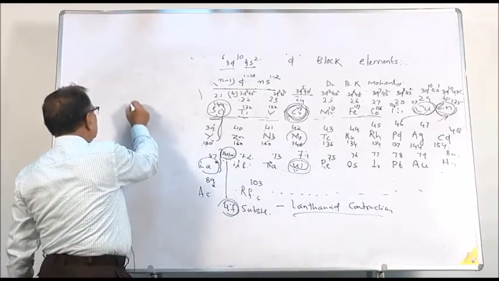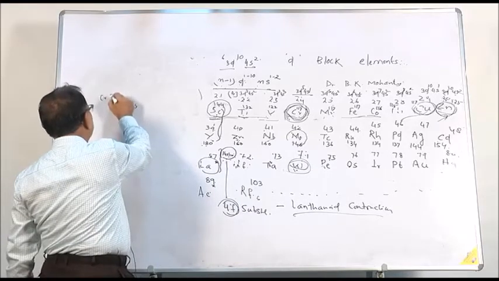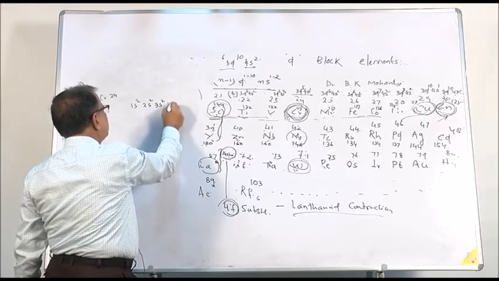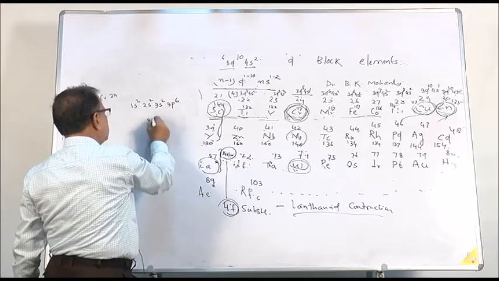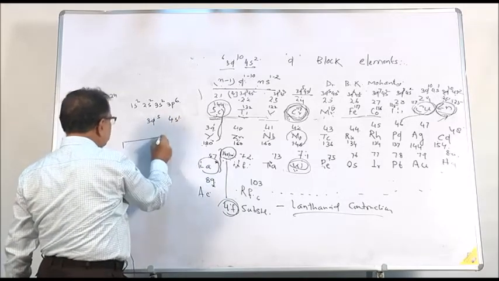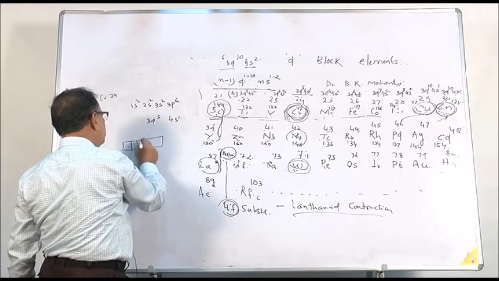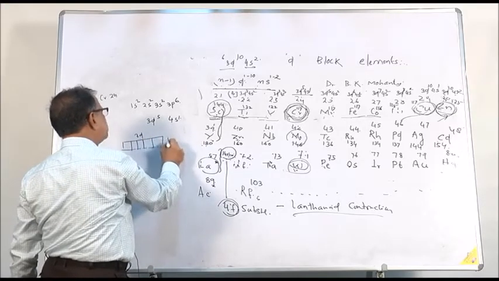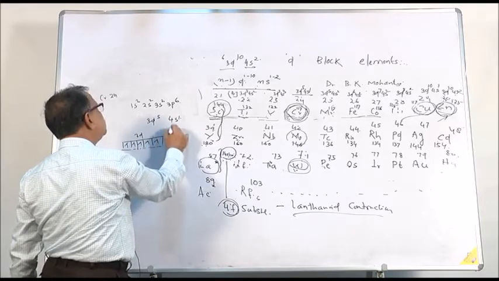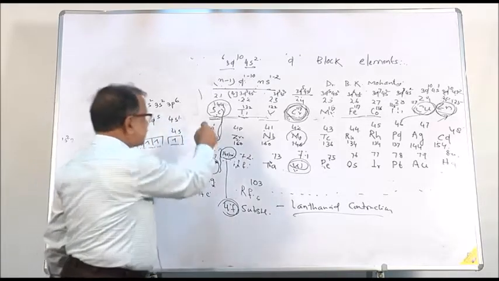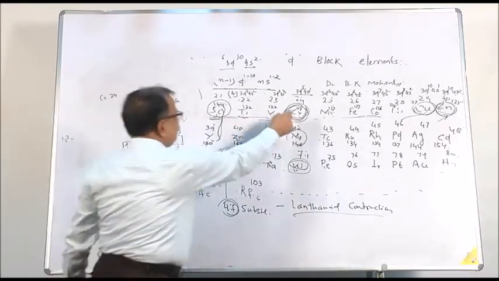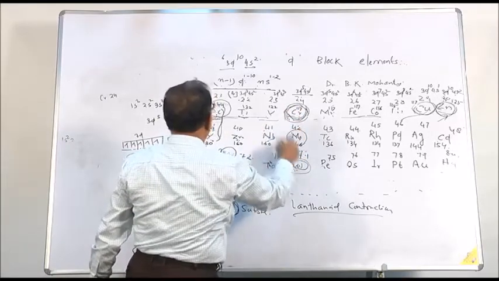Chromium is atomic number 24: 1s2, 2s2, 2p6, 3s2, 3p6, 3d5, 4s1. The d subshell is partially filled: 1, 2, 3, 4, 5 in 3d and 1 in 4s. If you compare all of them, the maximum unpaired electrons remain in this group, chromium, molybdenum and tungsten, among groups 3 to 12.